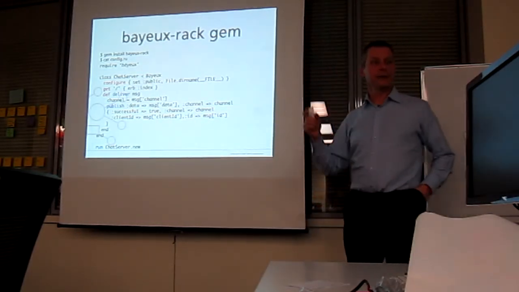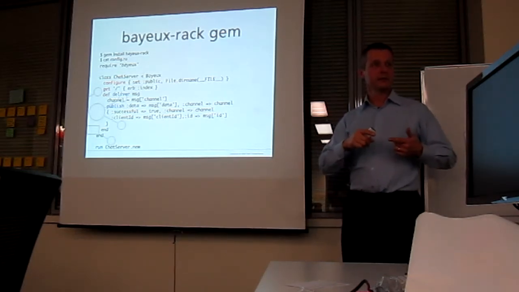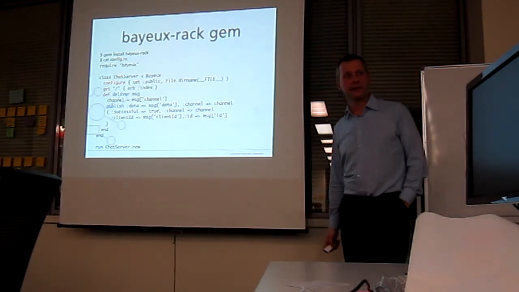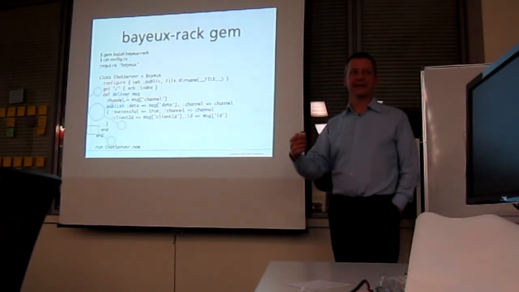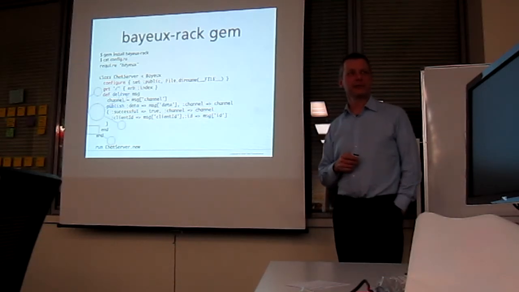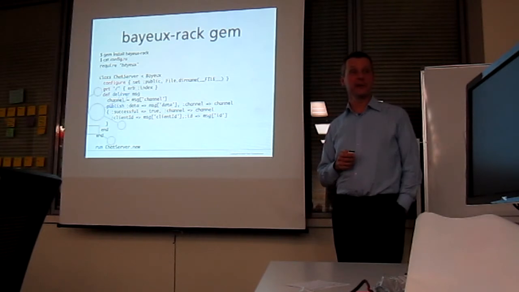So if I've got another server, I can say server.publish to some channel, and it goes out to all the clients that are listening on that channel at that time, or that are thought to be likely to reconnect on that channel if they haven't been declared dead yet, right? So it's pretty straightforward to use. And the code's actually pretty simple, because async Sinatra makes this stuff pretty easy.